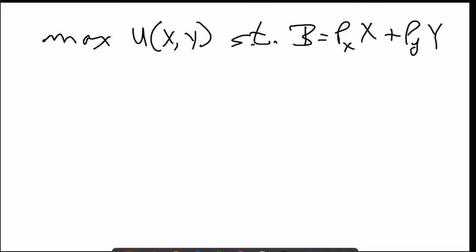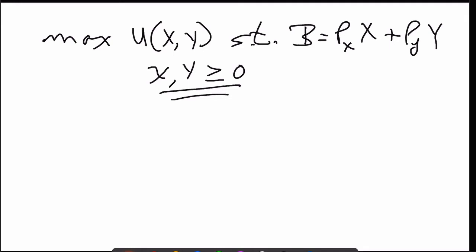There's two things we didn't do. One is, and what we should have done, is put a restriction on this that says both x and y are greater than or equal to 0. It doesn't make any sense for us to be buying negative quantities, and so we should have put some kind of restriction on there that x and y have to be greater than or equal to 0.